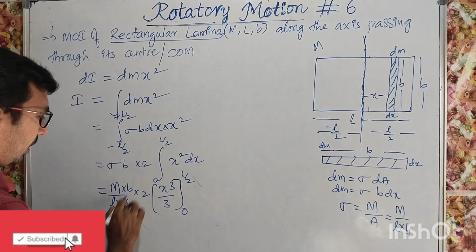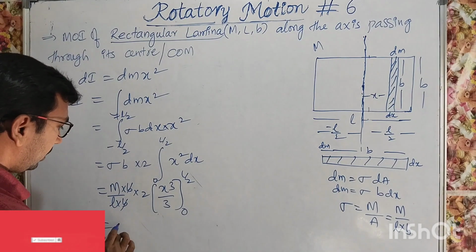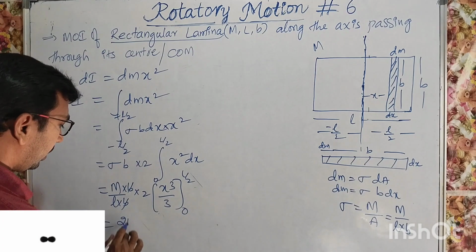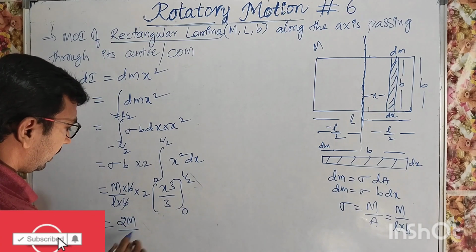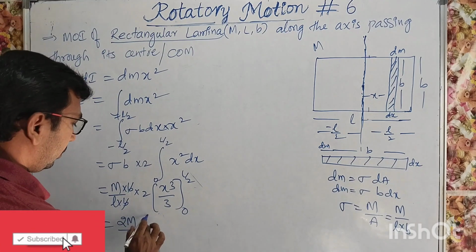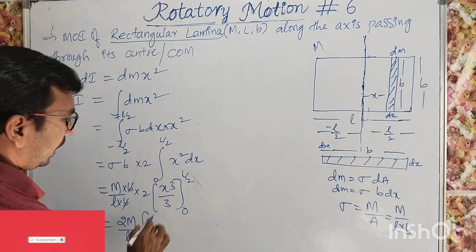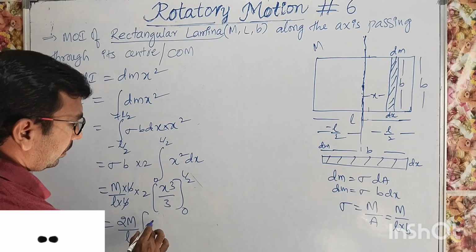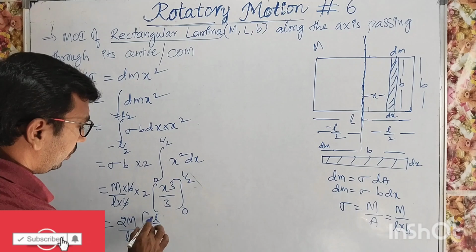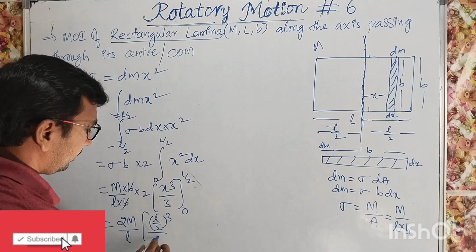The B cancels, so we write 2M by L, and substituting the limits, L by 2 whole cube by 3.